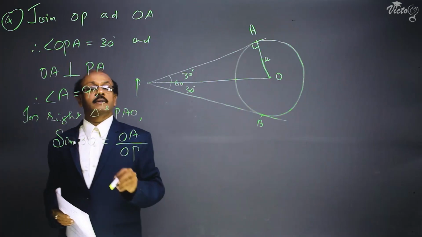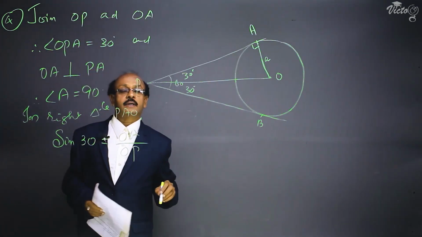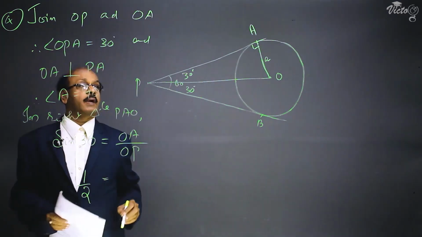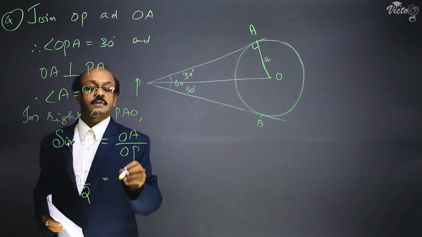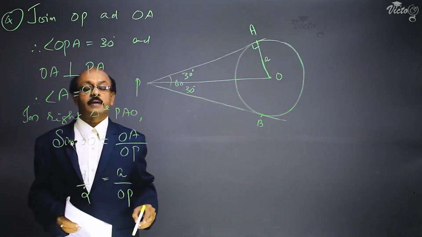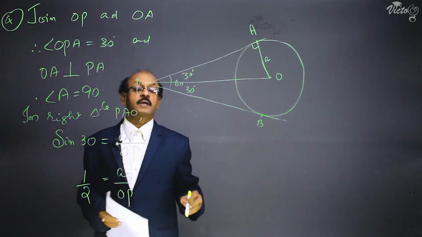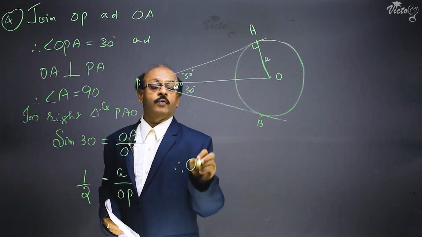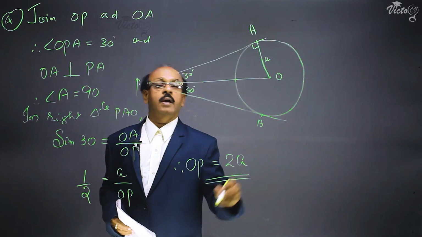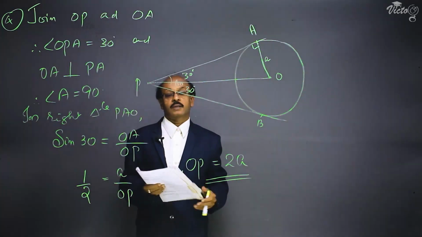Remember the value of sine 30, which is equal to 1 by 2. OA means the radius of the circle, that is A, divided by OP. On cross multiplication we will get OP is equal to 2 into A, which is equal to 2A. The length of OP is equal to 2A is the answer.